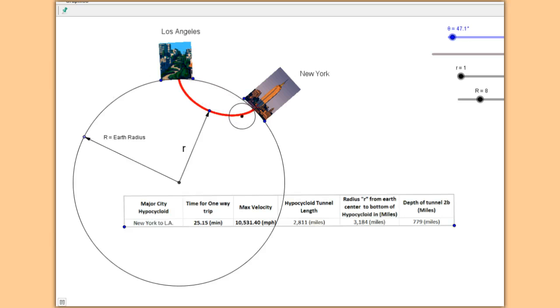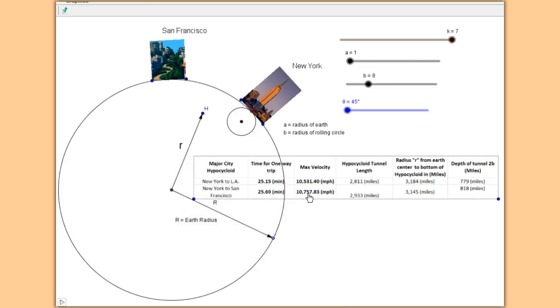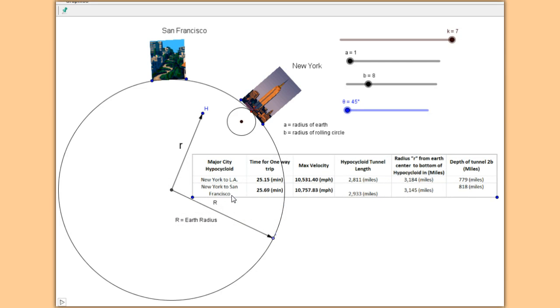Let's look at the New York to San Francisco hypocycloid. Okay, we have our New York to San Francisco hypocycloid. Here's our New York to LA. So I've included the San Francisco trip. That's 25.69 minutes.